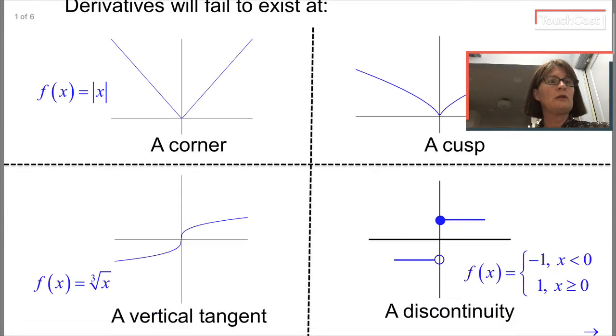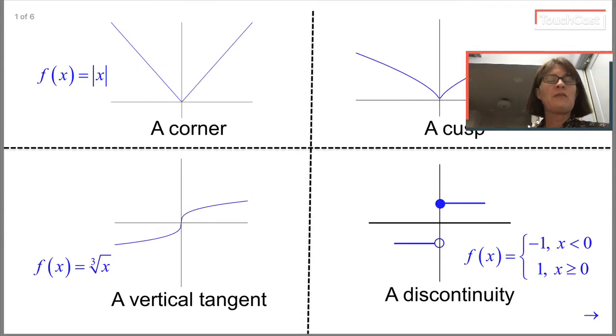There are two more. If you think of the graph of the cube root of x, remember today in class we practiced skateboarding along these curves. So right about here, the tangent line is vertical and the slope of a vertical line is undefined. So the derivative will be undefined any place your graph has a vertical tangent.